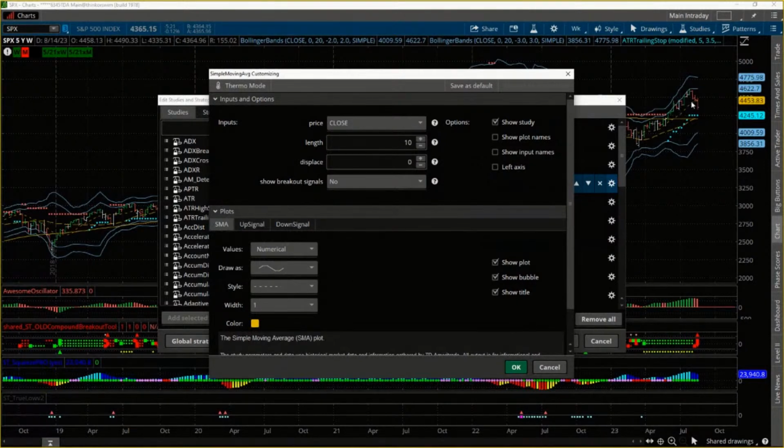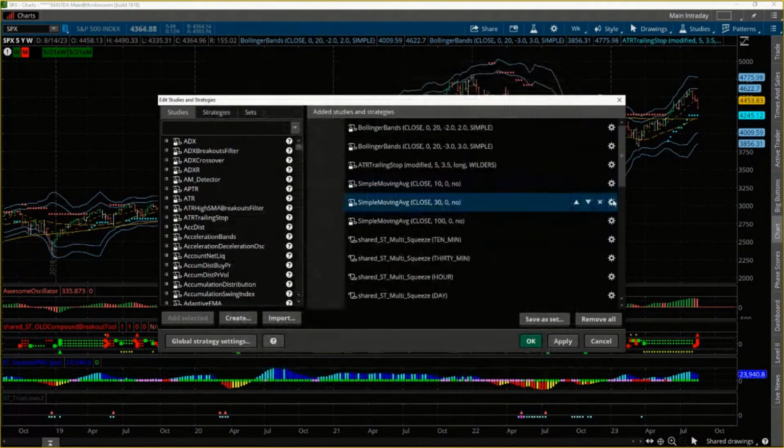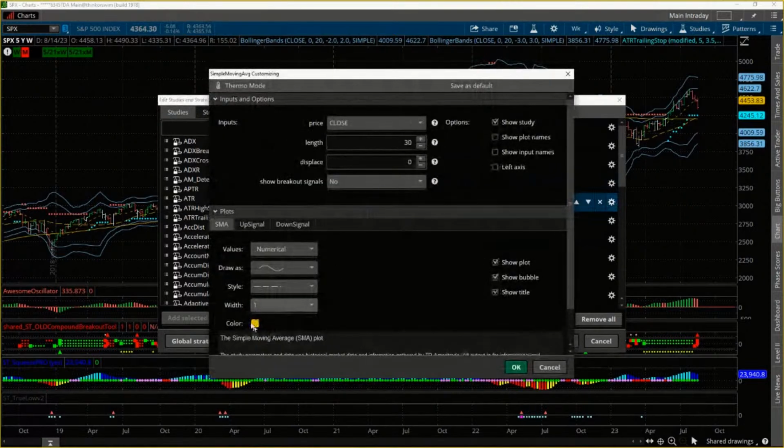So the smallest dashed line out there is my 10. The 30-period simple moving average is also that gold color, and it is a longer dashed line. Once again, the price is based off the close, the length is 30, and that's the 30-period simple moving average is that longer dashed line.